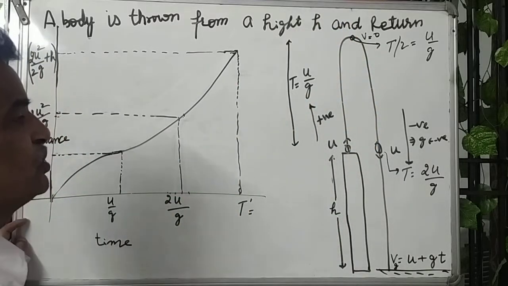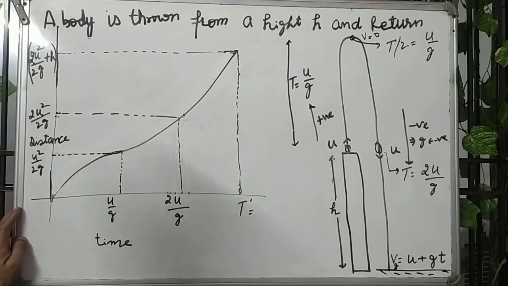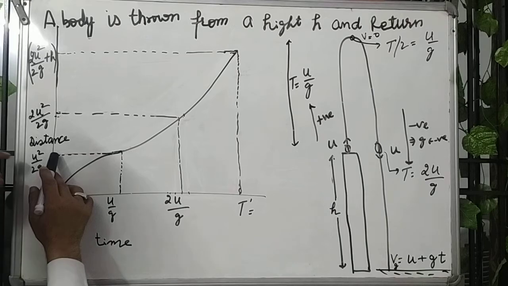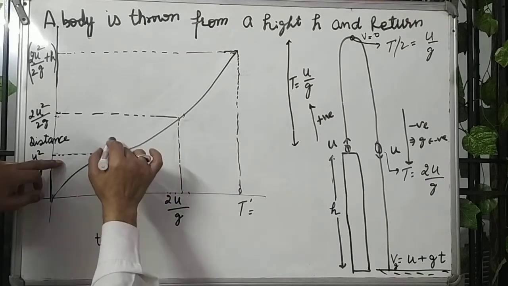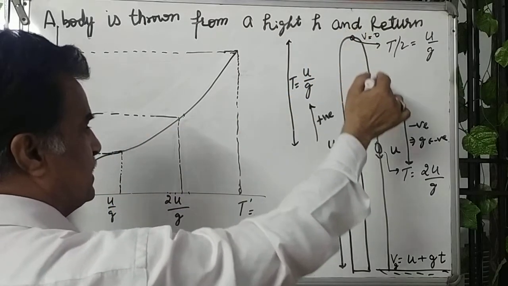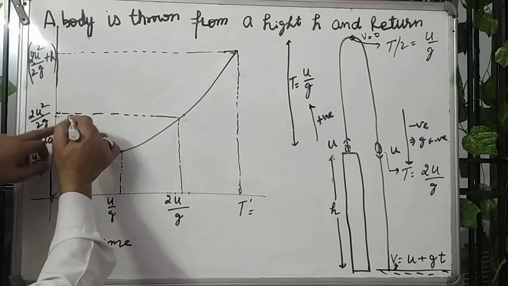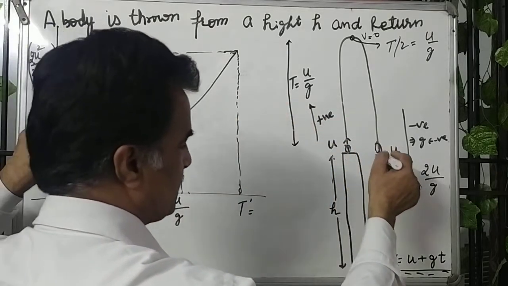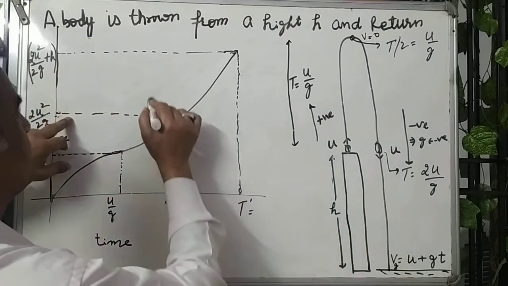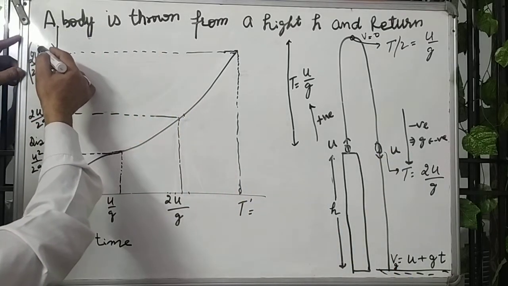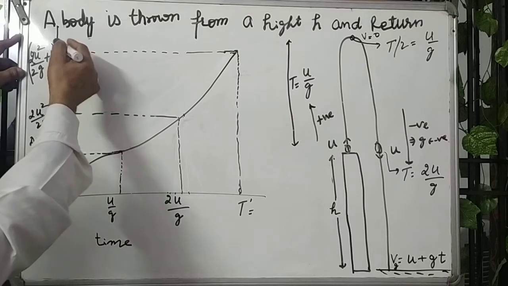Further, the distance is again u square upon 2g, so this is twice u square upon 2g, and further the distance is h. So this is twice u square upon 2g plus h.